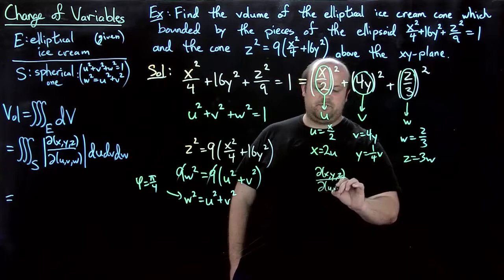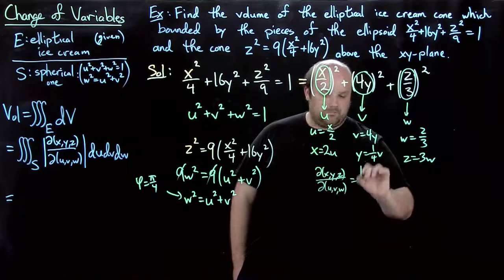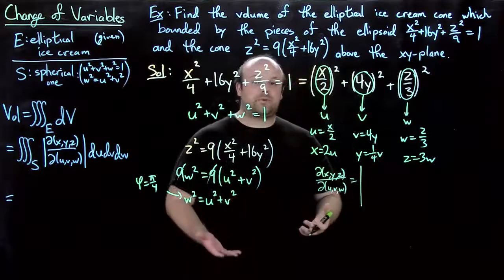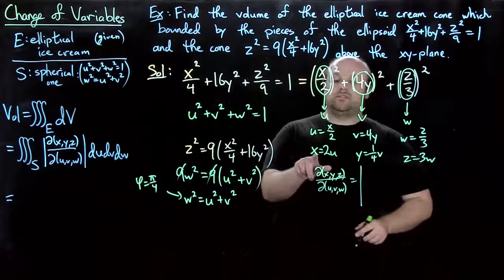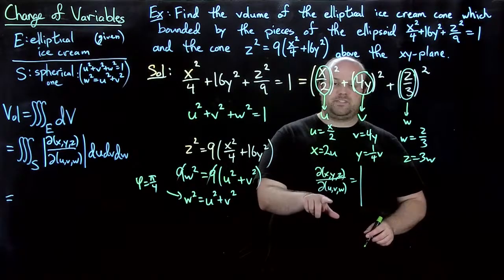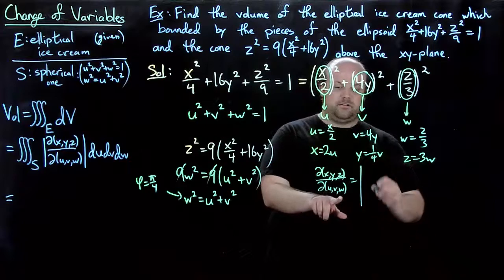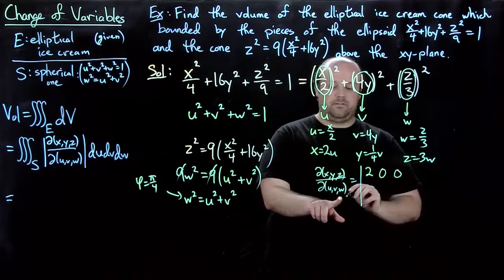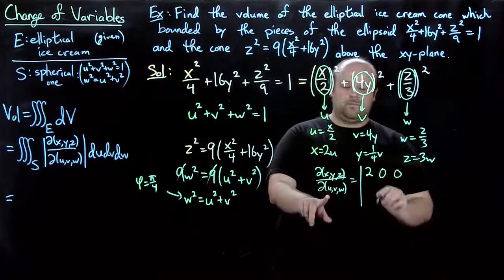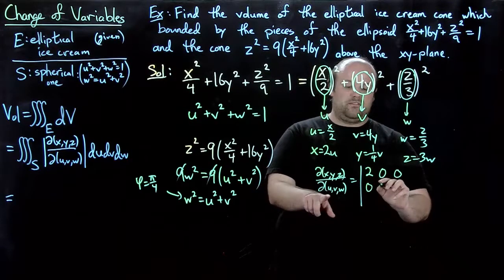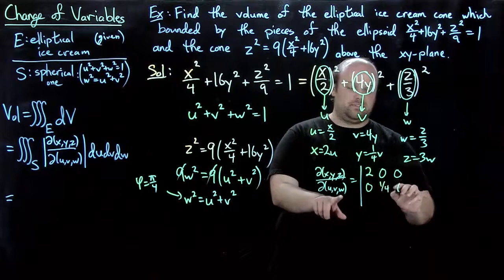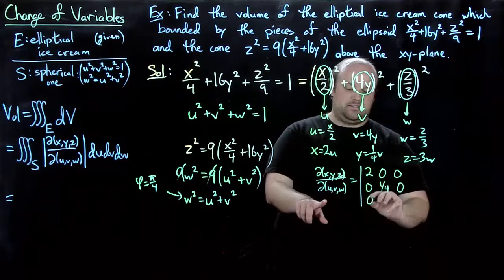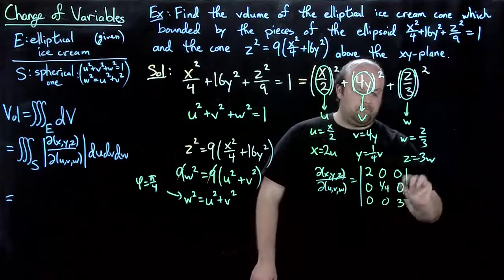Now to compute the Jacobian d(x,y,z)/d(u,v,w), it's the determinant of a 3 by 3 matrix. So we take the derivative of x with respect to u, then v, then w: with u it's 2, v it's 0, w it's 0. Now y, with respect to u is 0, v is 1/4, w is 0, and then z: 0, 0, 3.